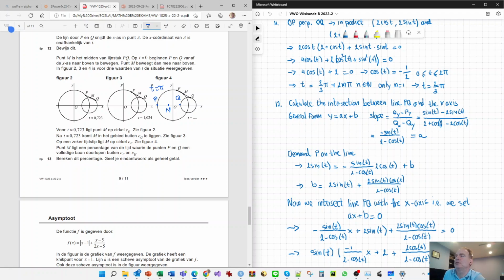In the beginning M is here, so probably M traces a circle. In any case, we just need to look at time from 0 to pi, because from pi to 2 pi it's just coming back. So the percentage of time where it's outside these two circles is the same.